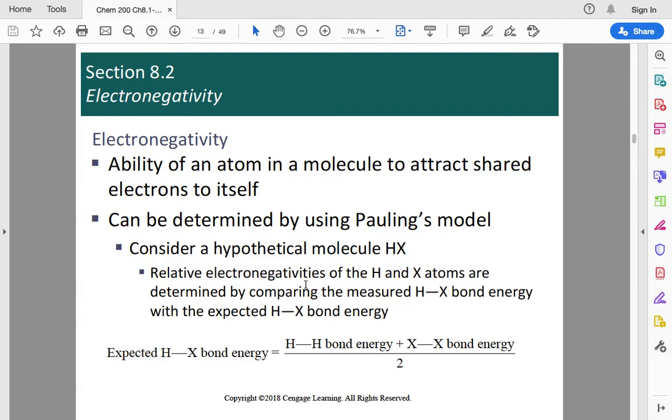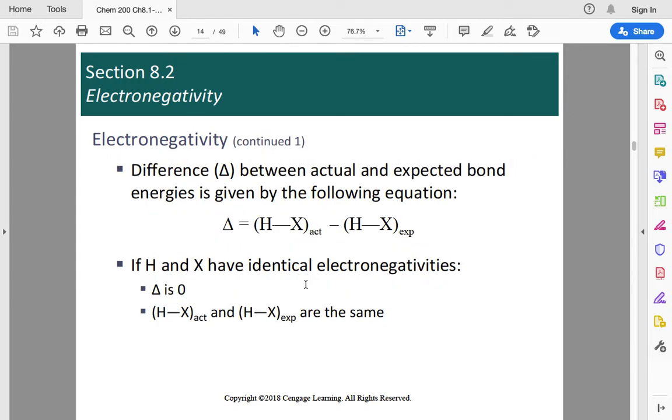I'm not going to go into this in too much detail. I won't be asking you to calculate bond energies in this way. I'll show you in a few slides one of the general trends that you will need to know. Basically, one of the big things I want to talk about here, though, is when we have identical electronegativities.